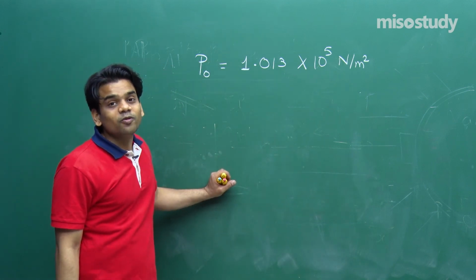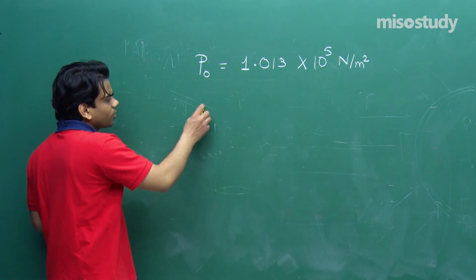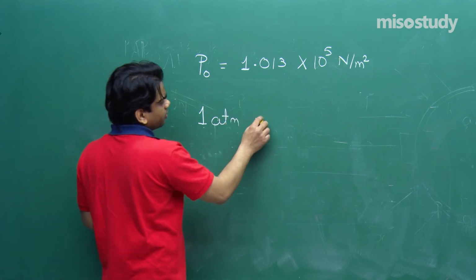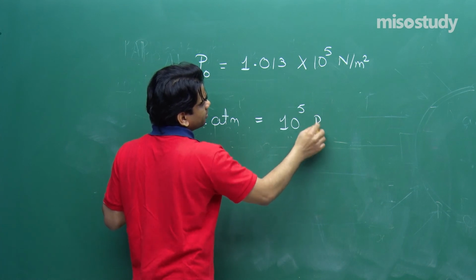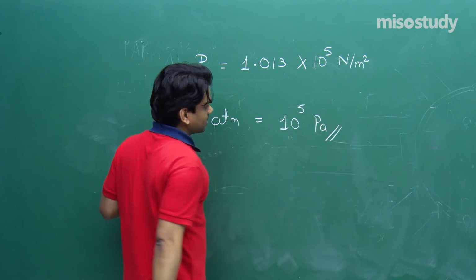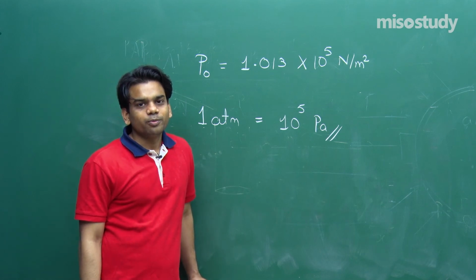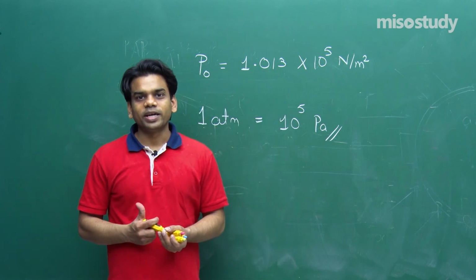This much pressure is known as 1 atm, and generally we take the value of 1 atmospheric pressure approximately as 10 to power 5 Pascal.